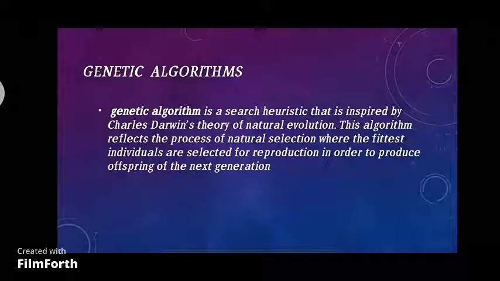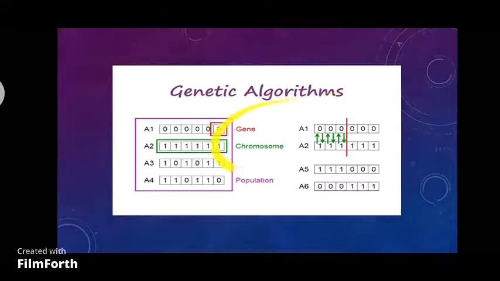Next is genetic algorithms. A genetic algorithm is a search heuristic inspired by Charles Darwin's theory of natural evolution. This algorithm reflects the process of natural selection where the fittest individuals are selected for reproduction in order to produce offspring of the next generation. A genetic algorithm uses the current population to create the next generation.